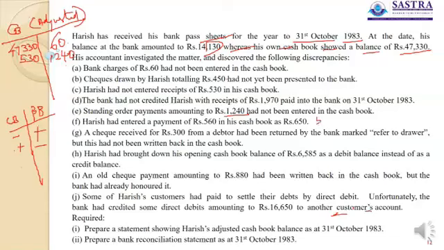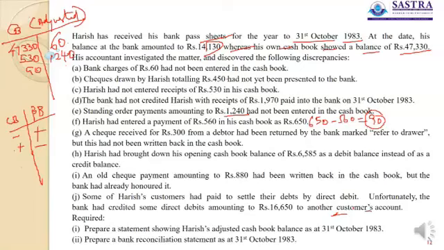The difference between these two, 90 rupees, is to be taken to account. This 90 rupees is the excess payment, so it has to be reversed in the cash book so as to adjust.